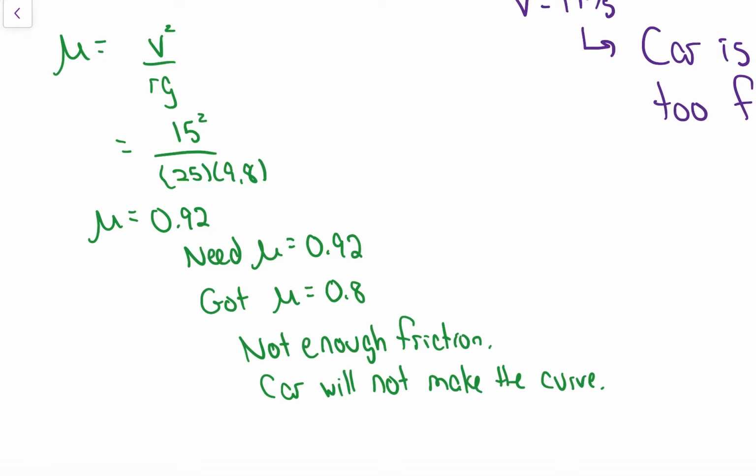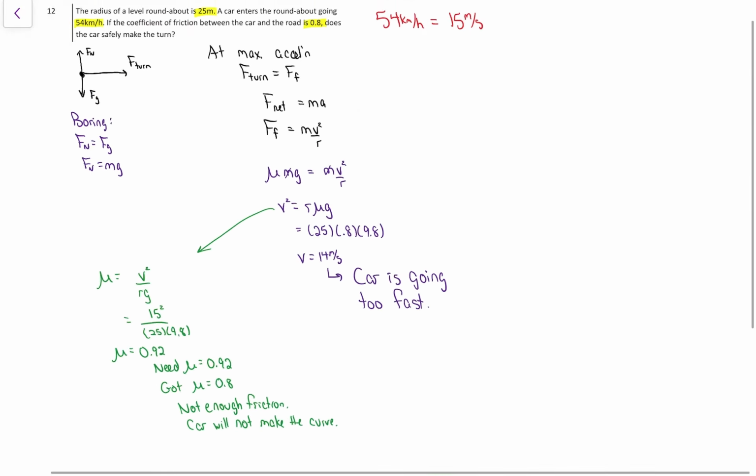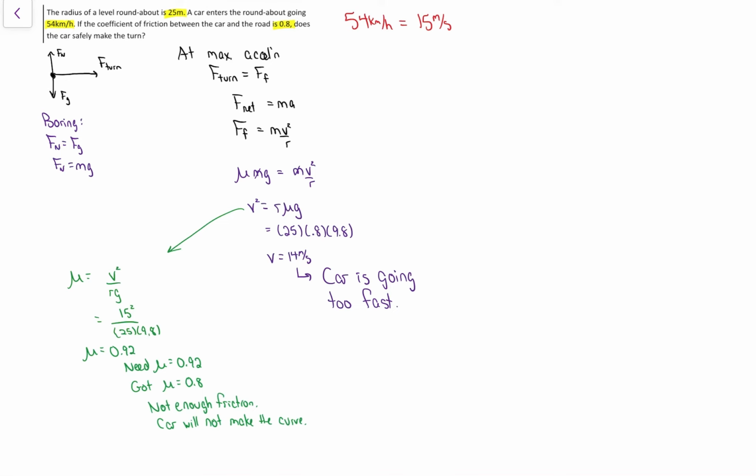There is a third way to do this one. Our equation that we're using is that v squared equals rug. We did an equation where I kind of ignored the given speed and calculated how fast the equation predicts it could go. Then I did it a second time where I kind of ignored the given mu, calculated the required mu, and then compared back.